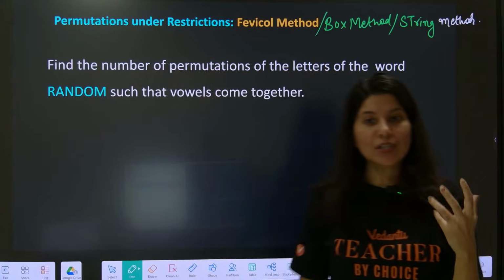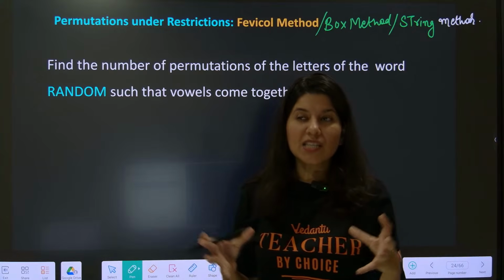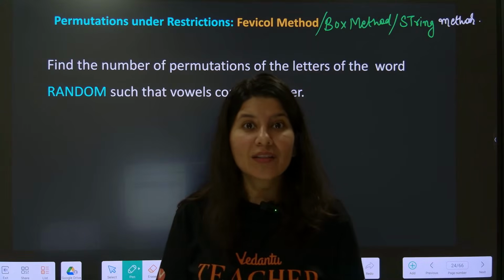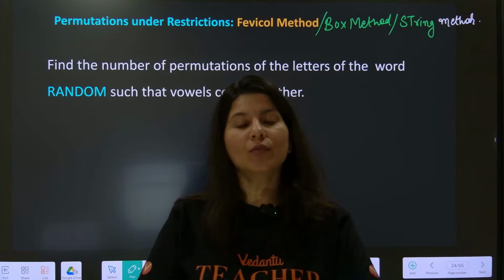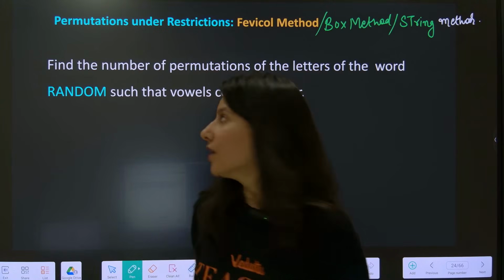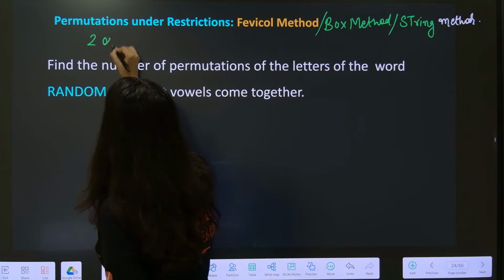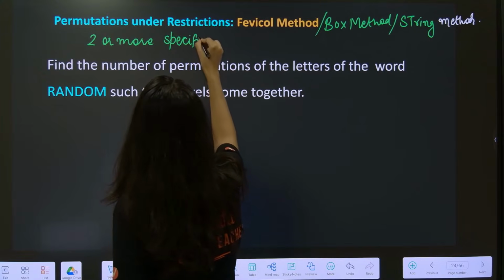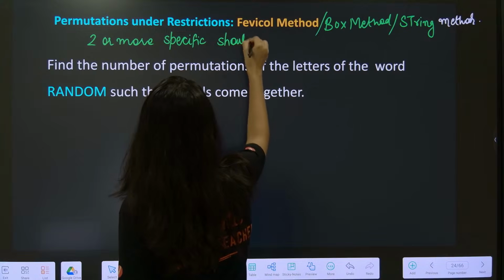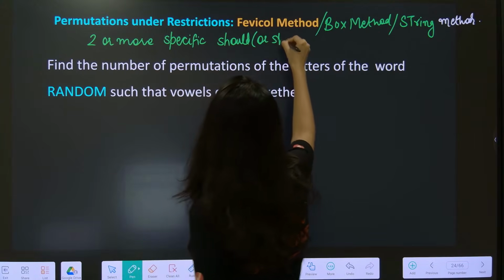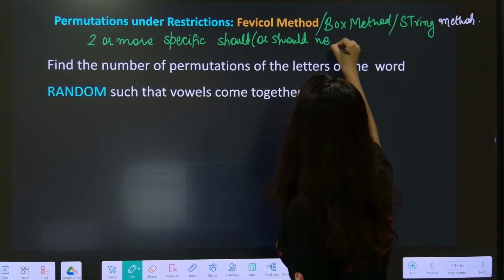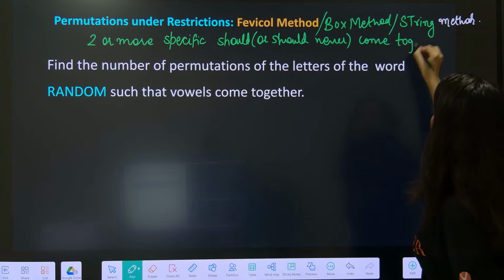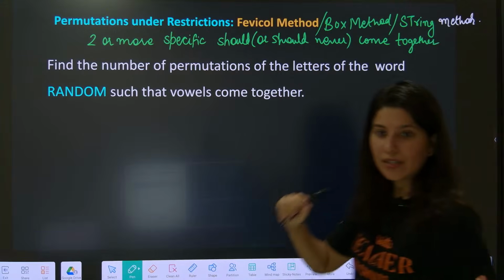When the question is asking you to keep 2 or more specific things together, or the question may ask you that specific things should never come together, then only this method will be useful.